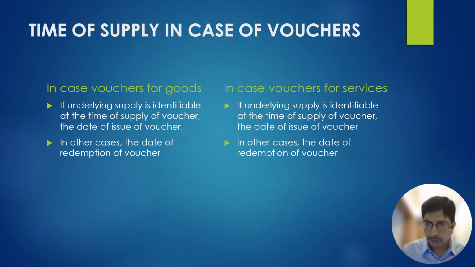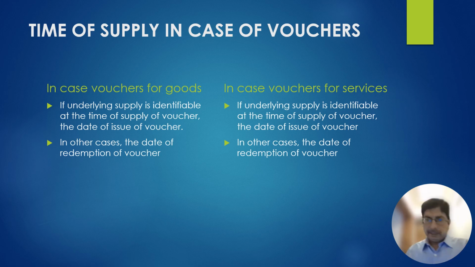That is, you can use it for calling or for internet. So the date of issue of voucher is the time of supply when it is determinable. When it is not determinable, then the date of redemption of voucher, that is actually utilizing the voucher for purchase of goods or availment of service, is the time of supply.